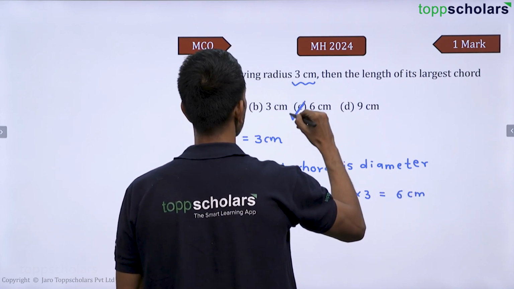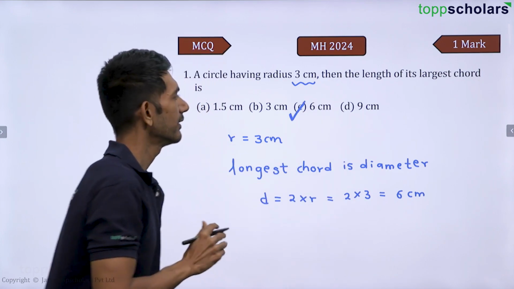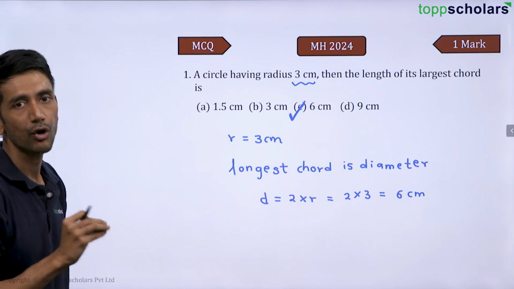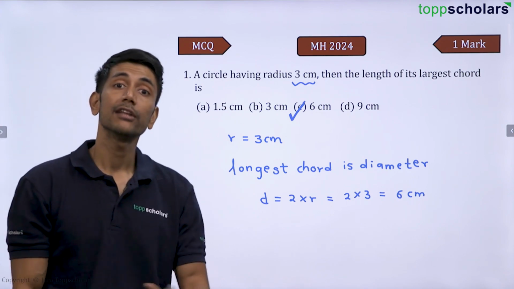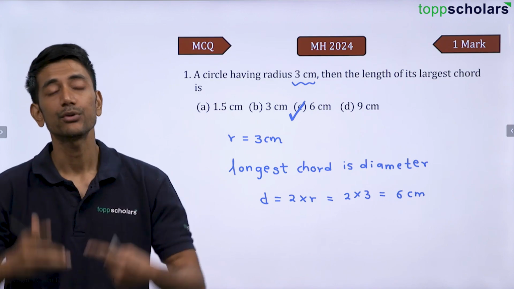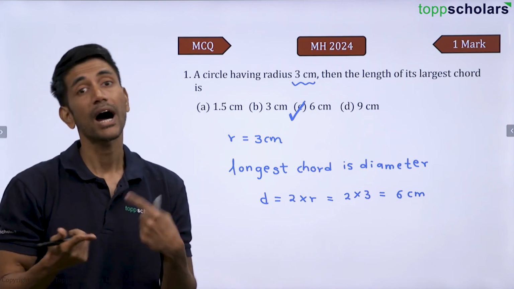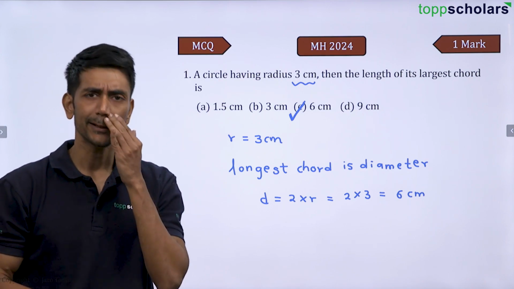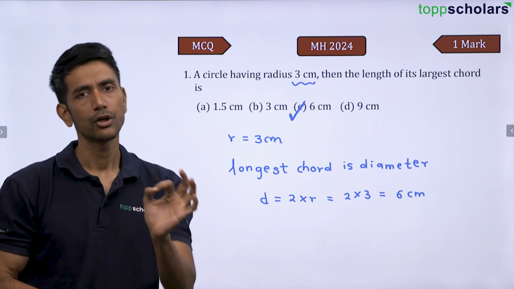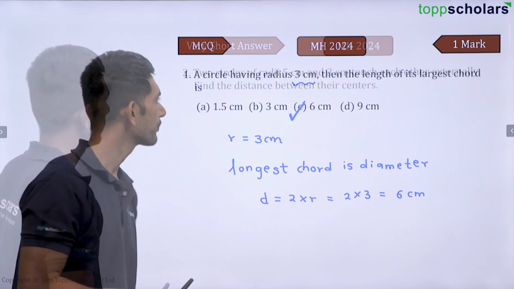So 6 centimeter is the right answer. Sometimes they can give you the length of the longest chord and tell you to find the radius. In that case, you have to half it. For example, the longest chord is 5 centimeter. What is the radius? The radius is half of 5, which is 2.5 centimeters.